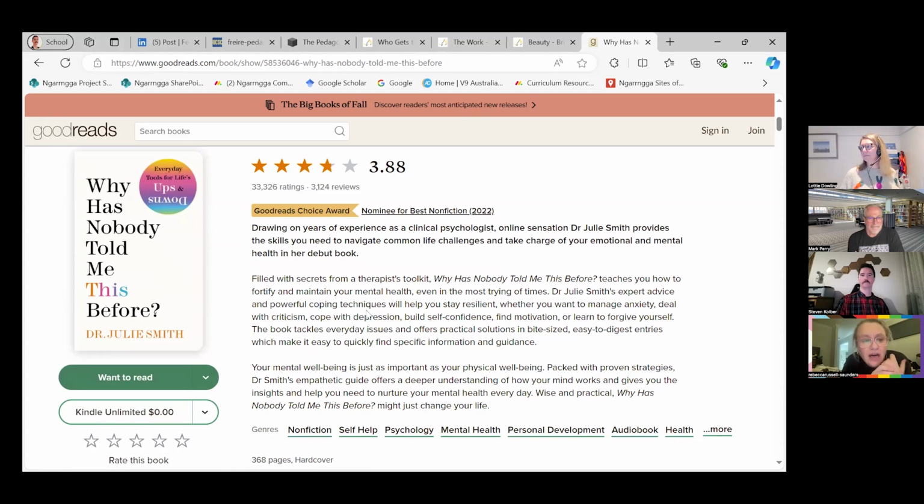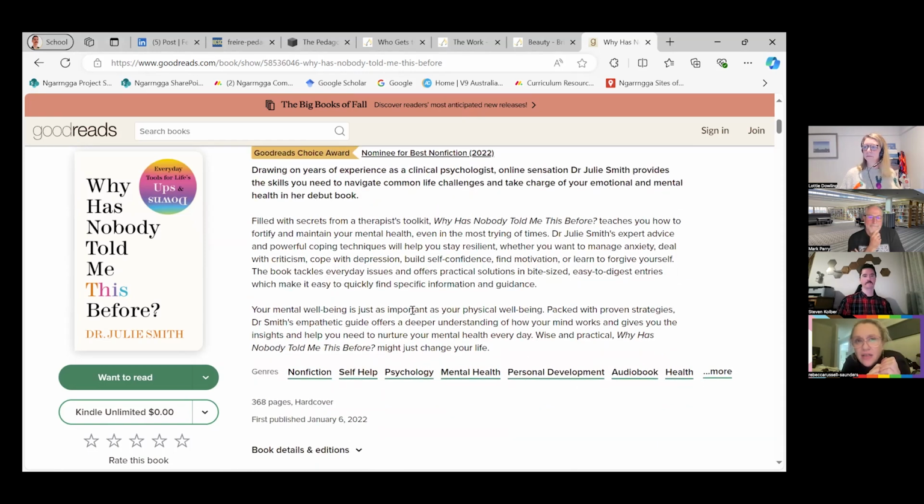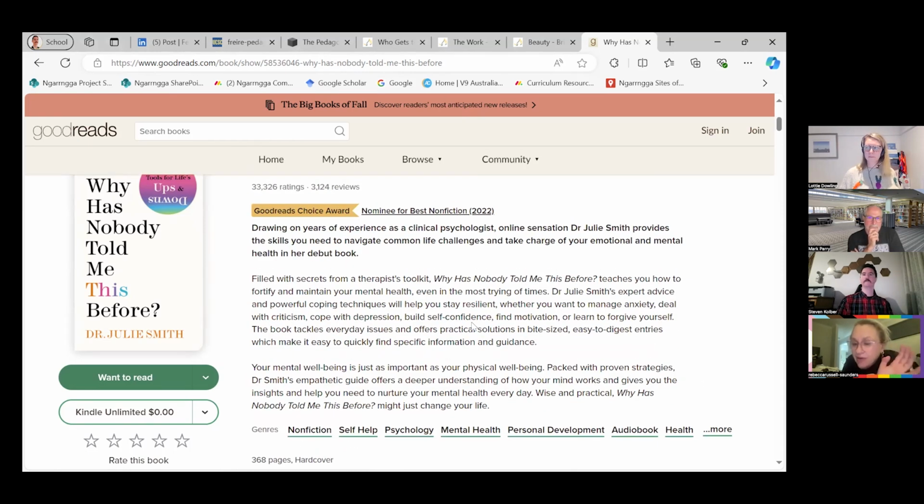She gives some advice, and the chapters are really short and sharp, with things like, emotions aren't facts. They're simply a perception of what's going on at a particular point in time, and you name it, you accept it, you sit with it, and it will pass through, and it doesn't define you. So lots of good advice. If you're after a self-help book, it's great. And this too shall pass.